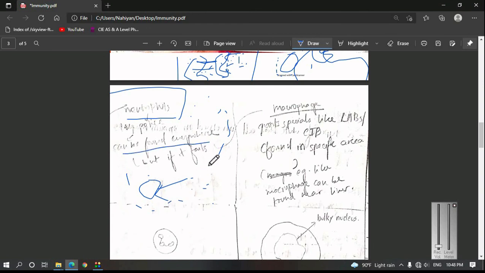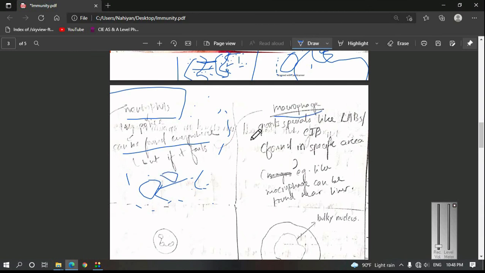But police don't have the ultimate power in the country. There are also other special forces. So if the police are failing, I mean the robber is too big, you might need a special force. So that's the macrophages.